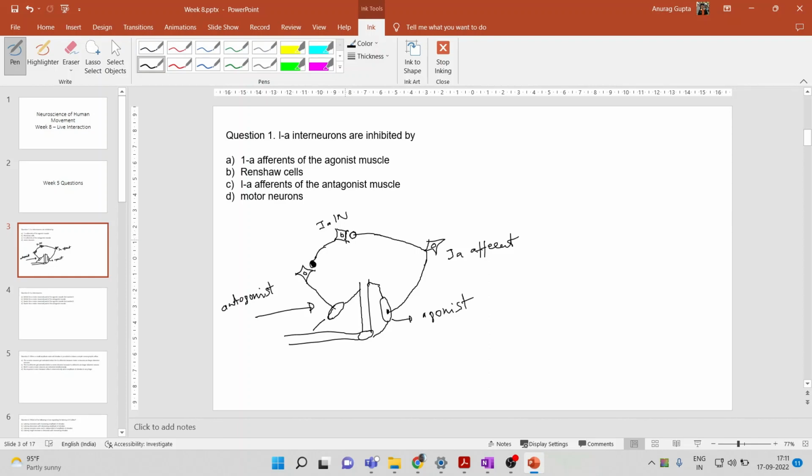The 1A interneurons are inhibitory neurons, so they give inhibitory signals to the alpha motor neurons of the antagonist muscle, so that it decreases its contraction.